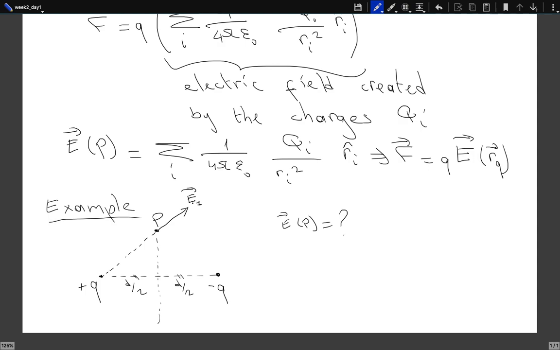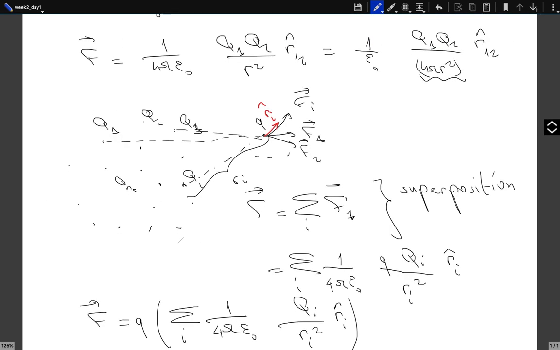Let me call that E1. Now the electric field always points away from the positive charge. Why? Well, you see, this vector is always pointing away from Qi. That was how we defined it. If you go back, this was the charge Qi. At this point, this unit vector is pointing away. And that unit vector is multiplied by the charge itself.